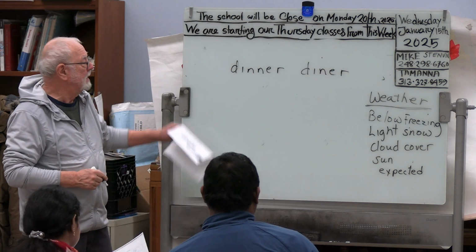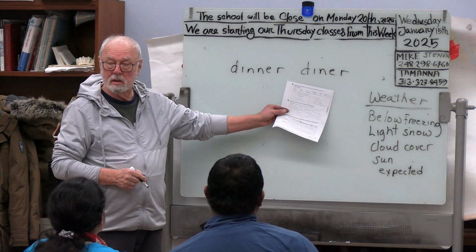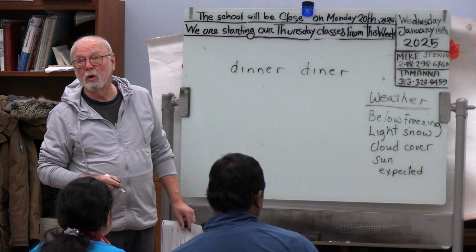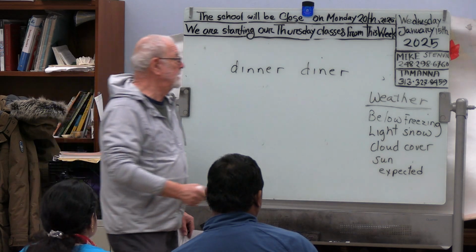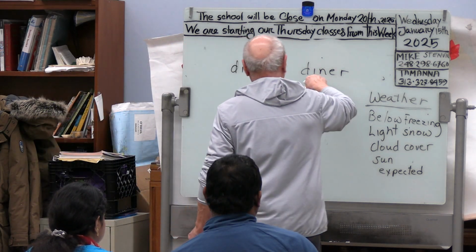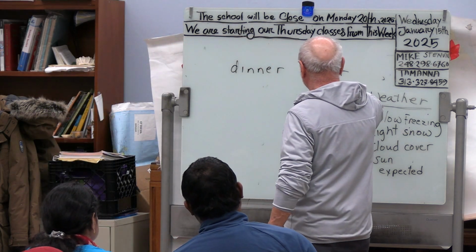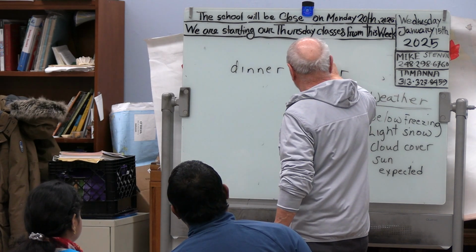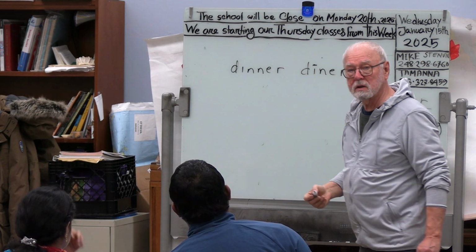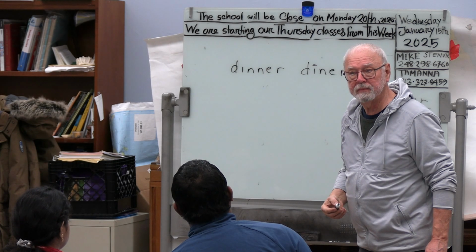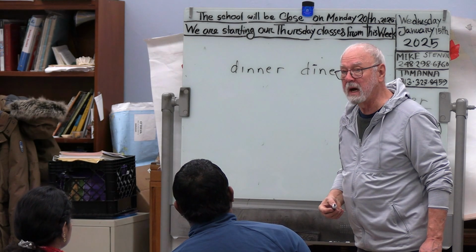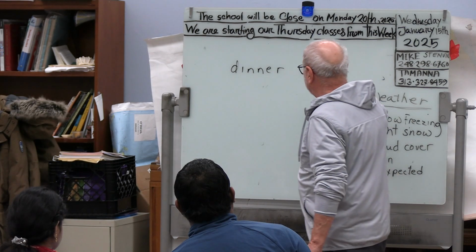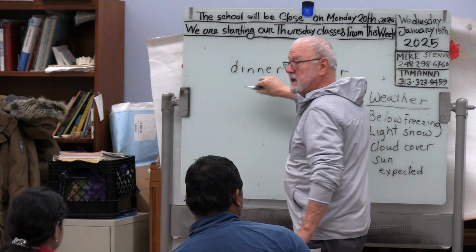Dinner. What's this word? Diner. Look what happens. You have I, non-vowel, then E. It's the long sound. Diner. What is a diner? A person who eats.